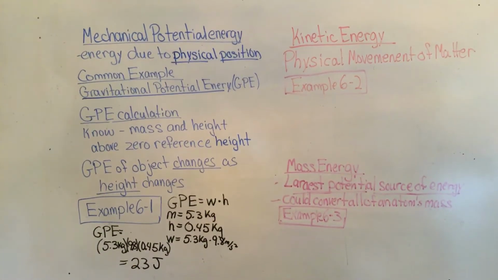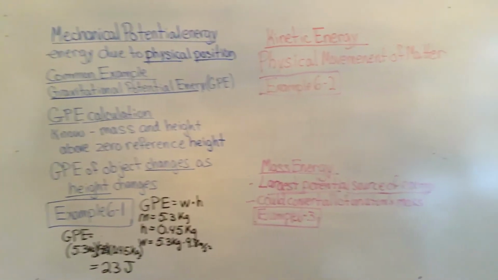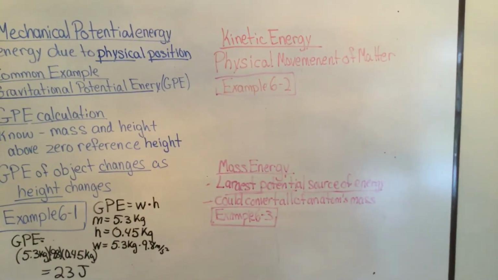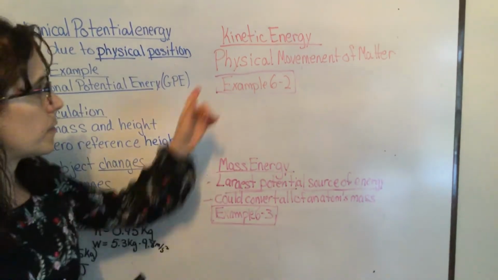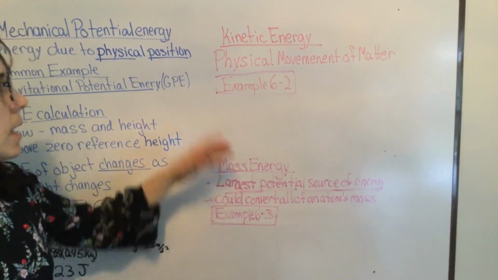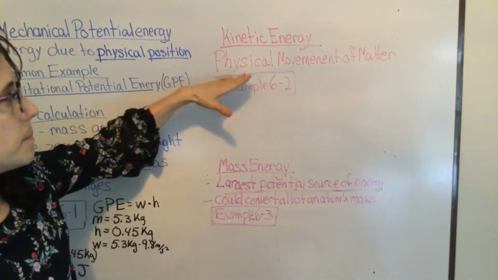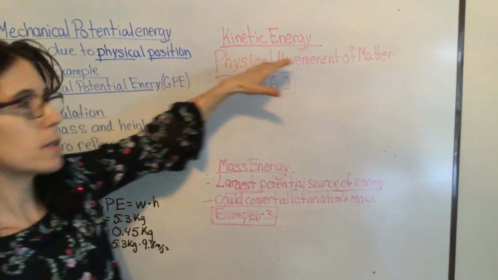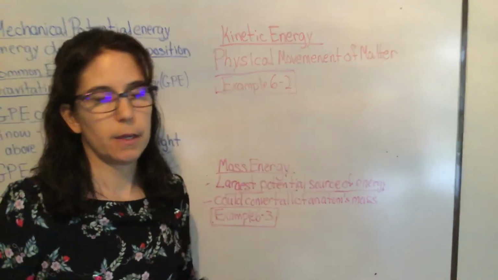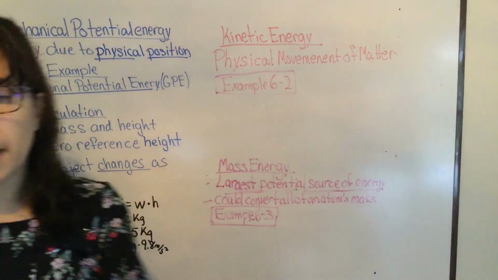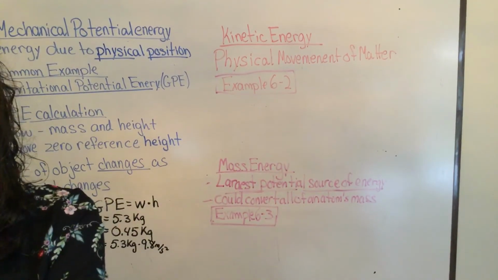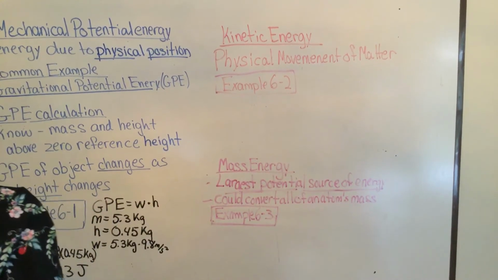All right, let's take a look at kinetic energy. You remember from your notes, kinetic energy has to do with motion. We're talking about physical or mechanical kinetic energy. So it's the physical movement of matter. Matter has mass, so we know that's in the formula, right?